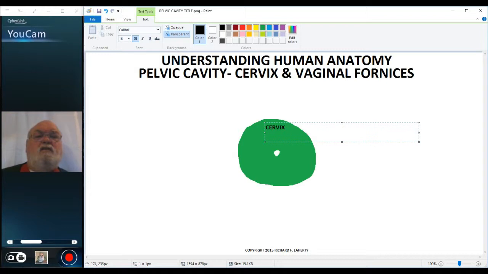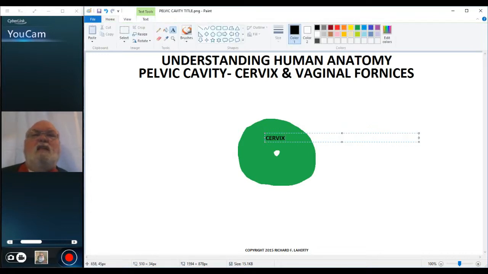The cervix of the uterus. Here. And then I'm going to sketch in the wall of the vagina.